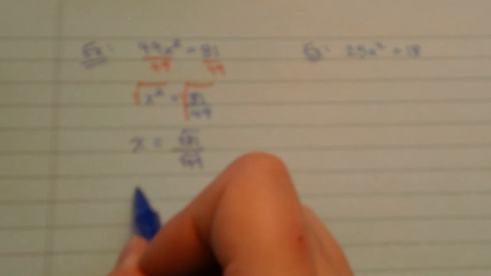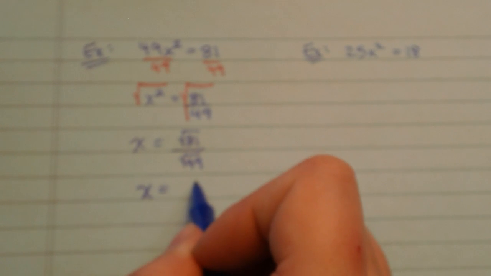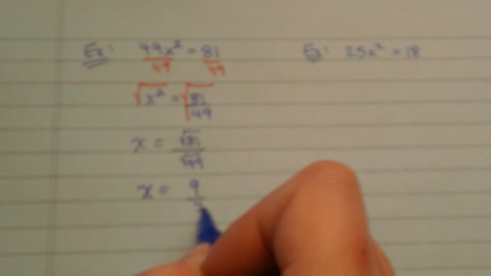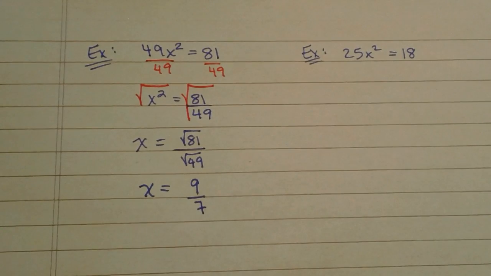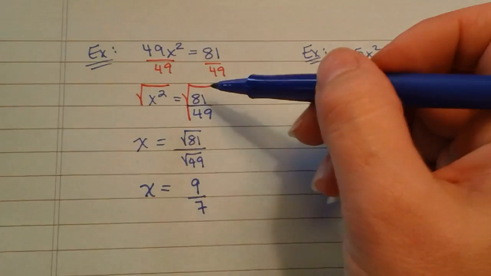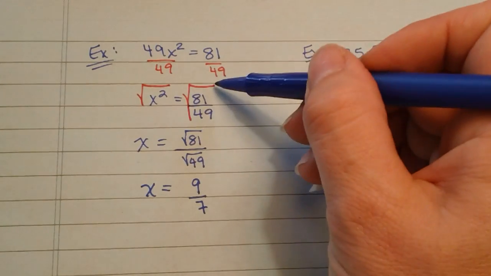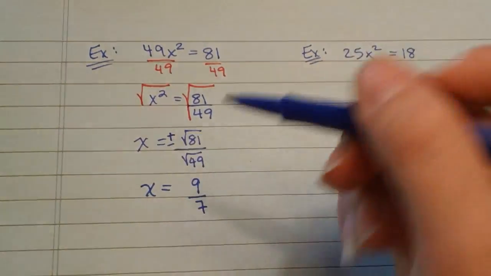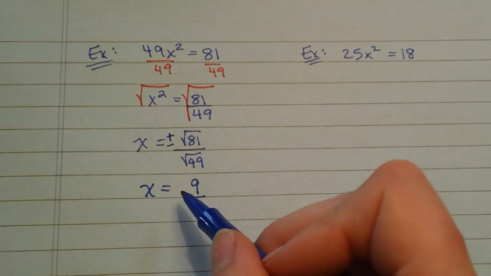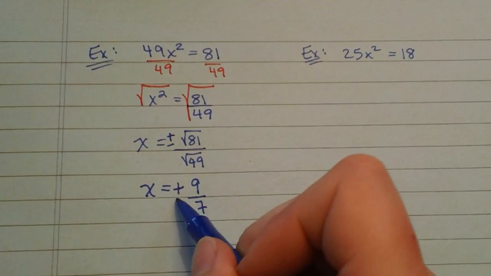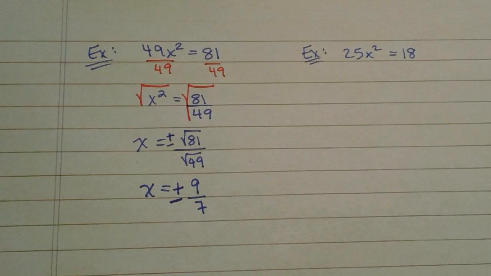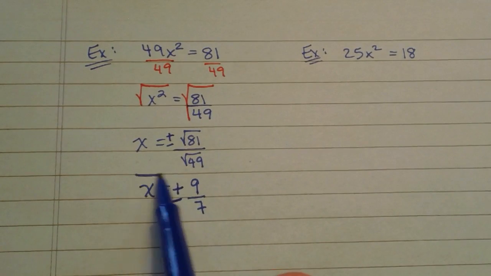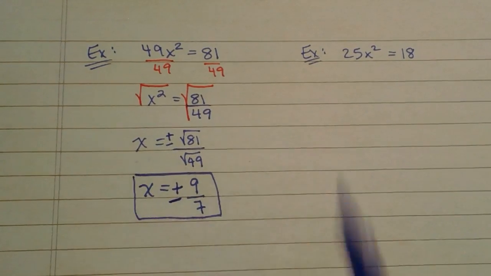And since those are both perfect squares, it simplifies pretty easily into 9 and 7. But what do we have to remember when we're solving these problems where we have the radical? We have to remember to use our plus minus. So this equation will have two solutions, x equals positive 9/7 and x equals negative 9/7. So we can leave that as plus or minus 9/7.